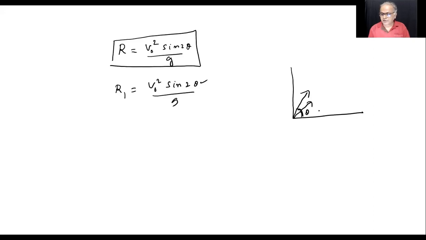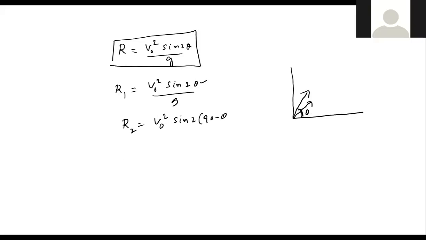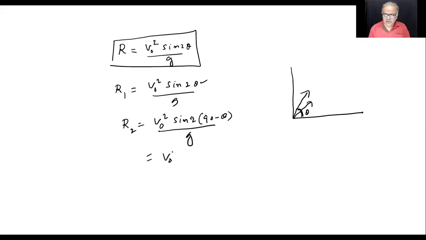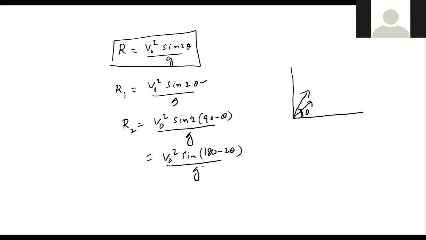This is 90 minus theta. Do you follow? If this is 30, this is 60. So sorry, what did I say? 90 minus theta. If this is 30, this is 60. Okay. So R2 equals V0 square sine 2 into, in the place of theta, I should write 90 minus theta, by G. So what is this? V0 square sine of 180 minus 2 theta, isn't it? Sine 2 theta, sir. Yes.